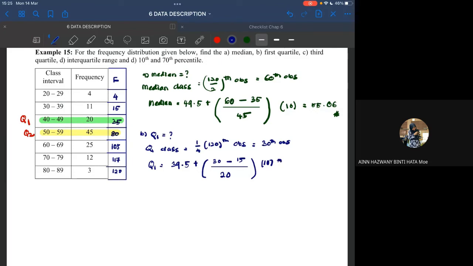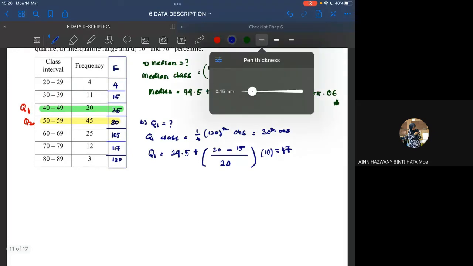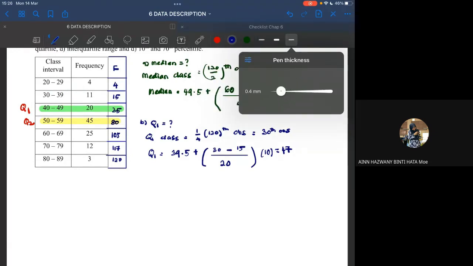Pen saya dah tak nak bekerja sama. What's the answer? 47. Okay, 47. Alright. Okay, cuba kamu cari kamu punya Q3. Okay.